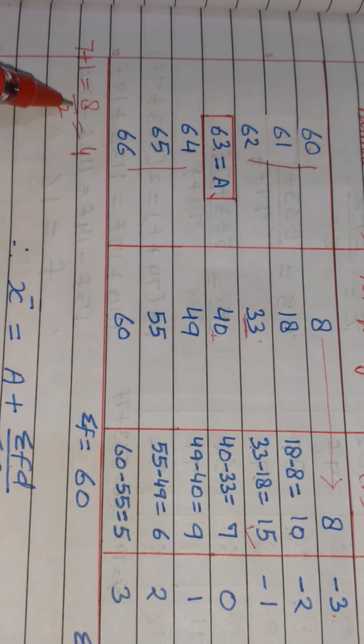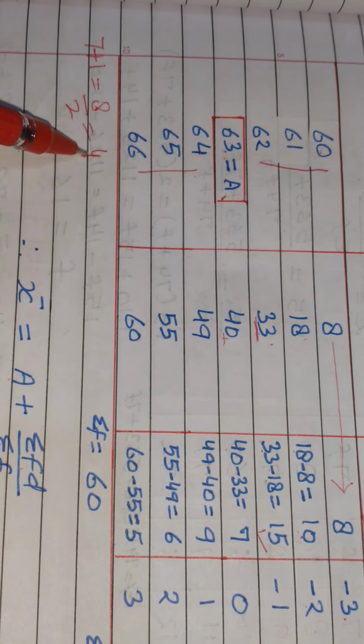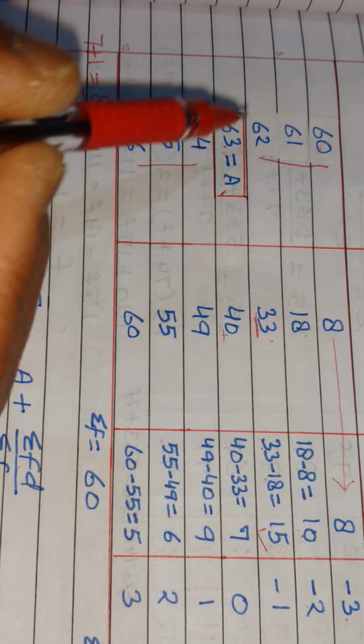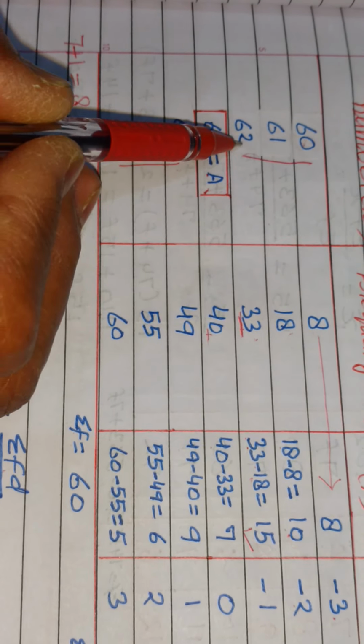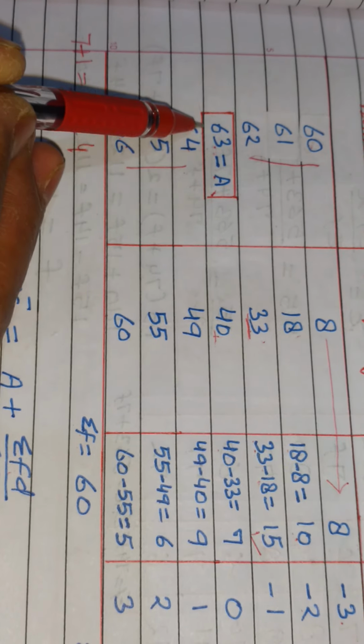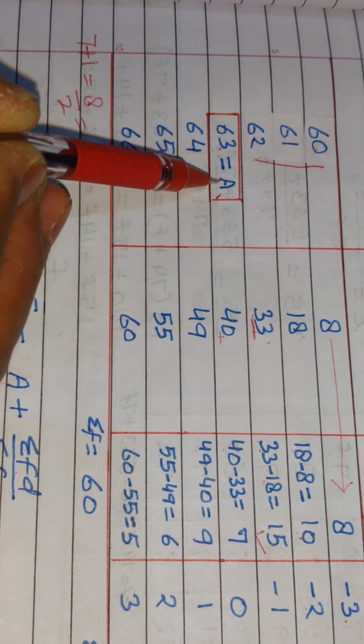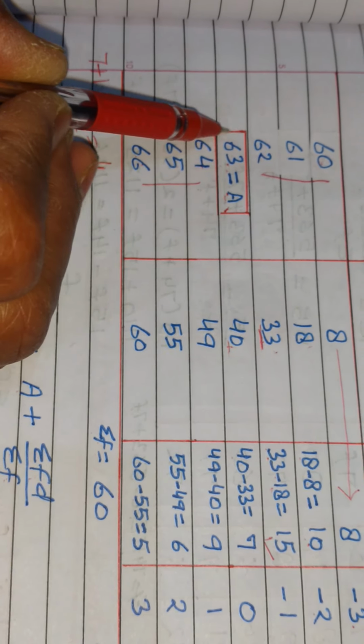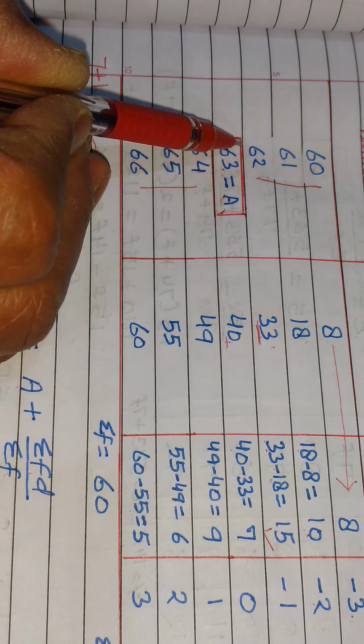Then we divide it by 2, it will come 4. So the fourth term we will take as a. See, 1 2 3 4th. So this fourth term we will take as a. This is called the assumed mean, and we can put this in a box.